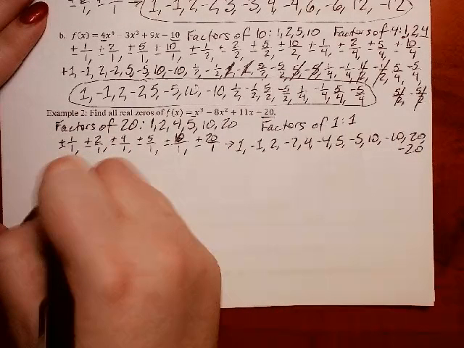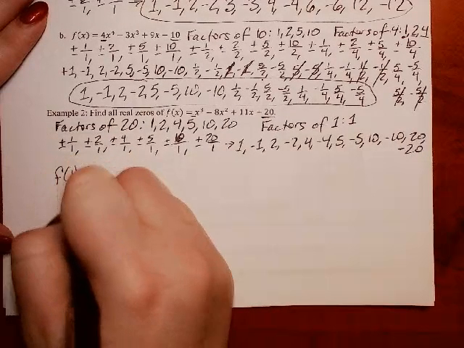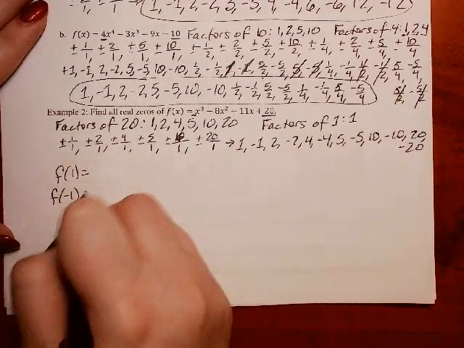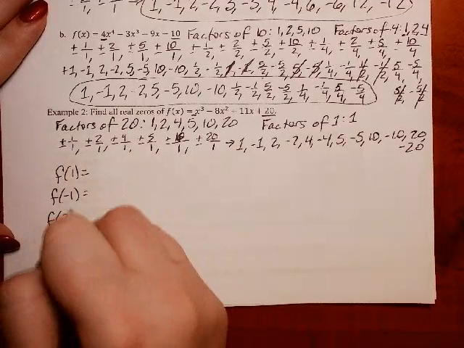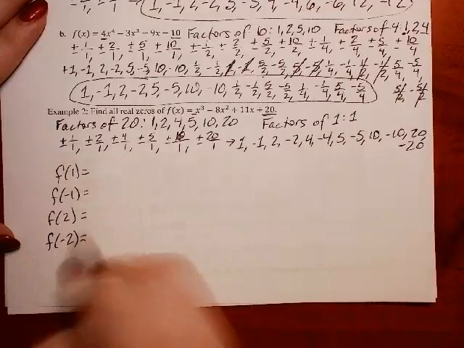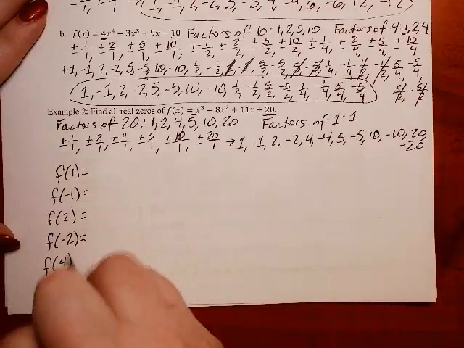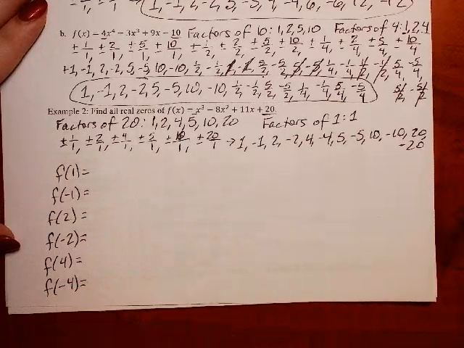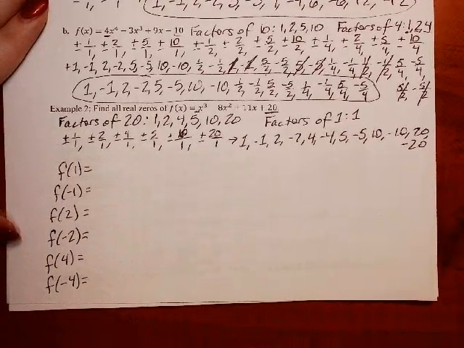So I'm going to look at f of 1, f of negative 1, f of 2, f of negative 2, f of 4, f of negative 4. Okay, so we're plugging these in.